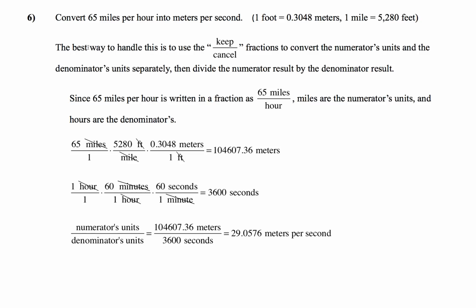Let me just say that the best way to handle this conversion is to convert the distance, the numerator's units, separately, and then whatever value you get, set it aside, and then convert the denominator.